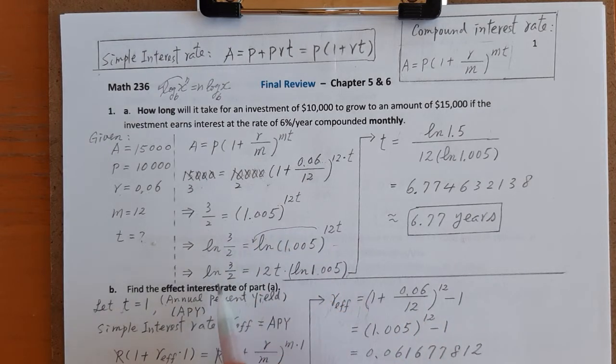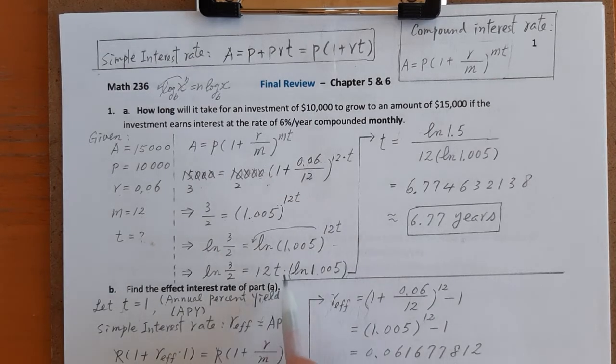So we got ln 3 over 2 equals 12t times ln 1.005.